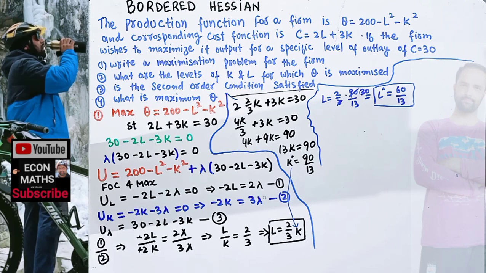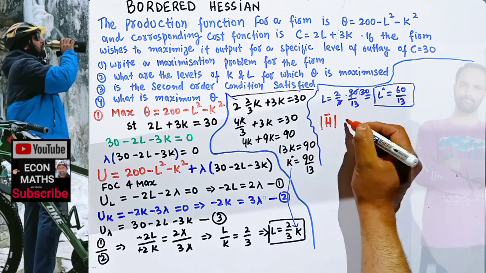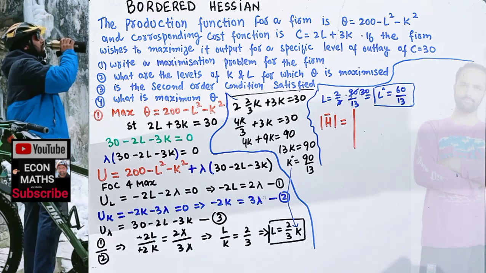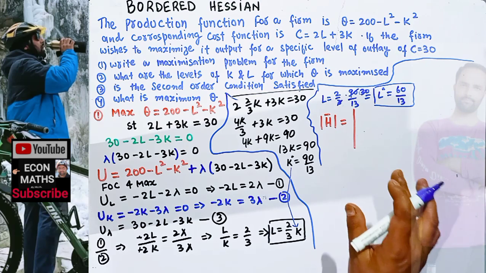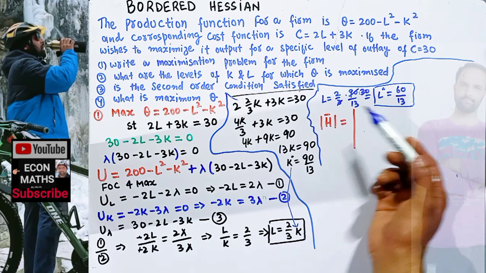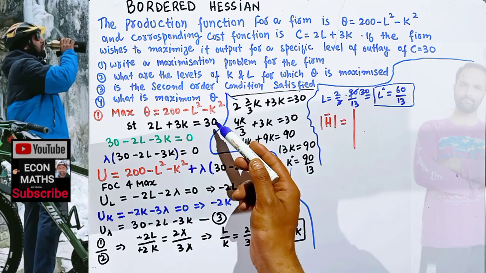For checking the second order condition, we use the bordered Hessian matrix method. So how do we construct a bordered Hessian matrix? Let us say H bar denotes it. The bordered Hessian is a matrix composed of the second order partial derivatives of the Lagrange function bordered by the partial derivatives of the cost function.